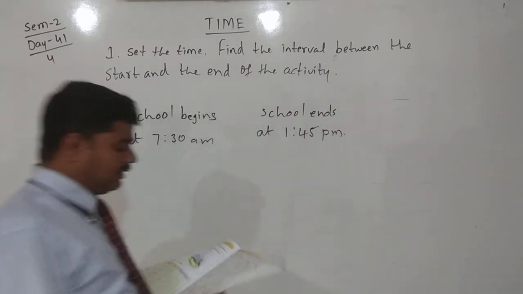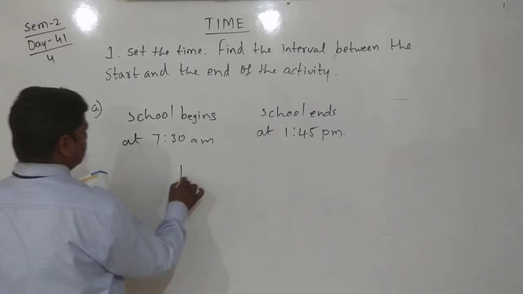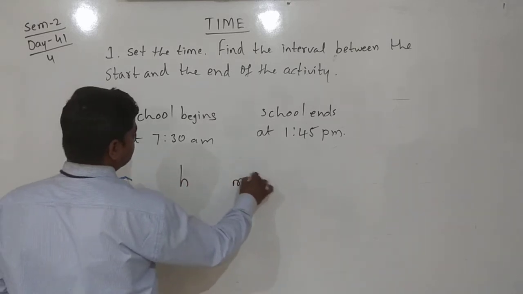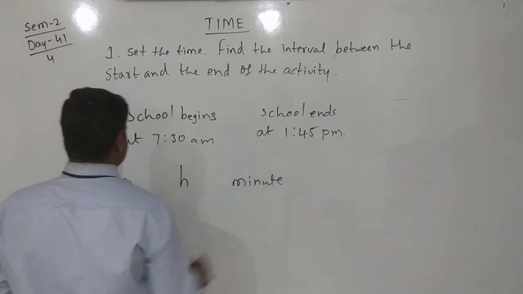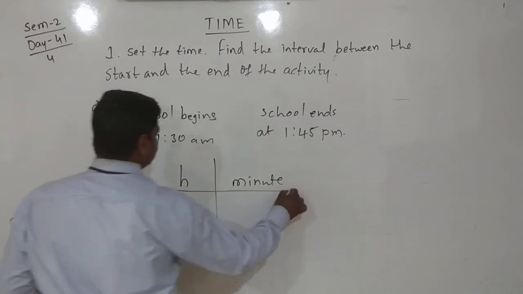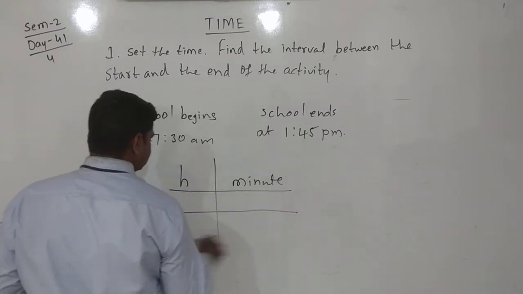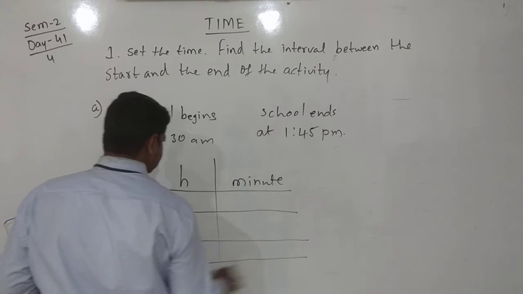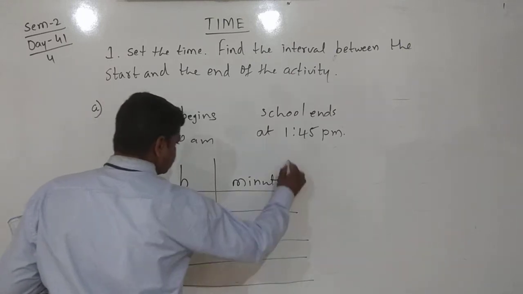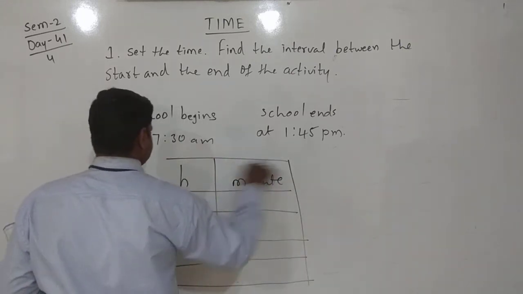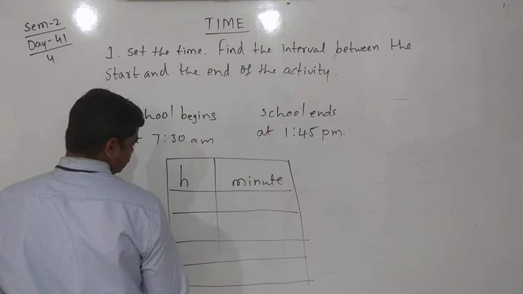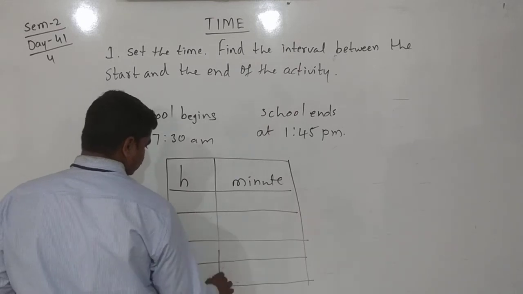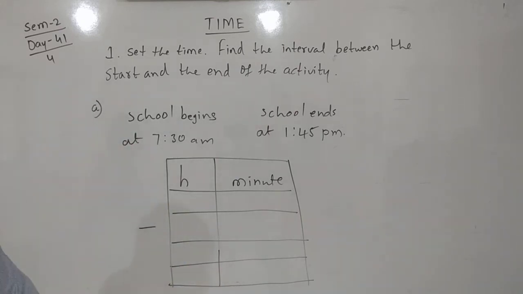Then you should find the hours and minutes. To subtract it, you require columns. Yes, very simple.